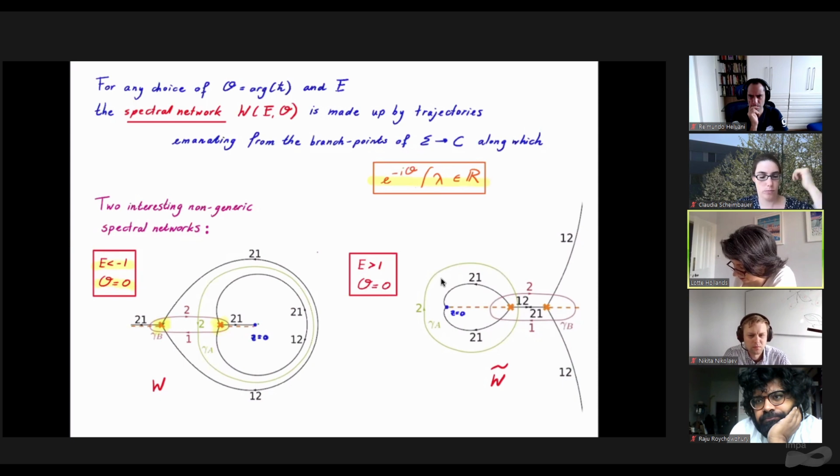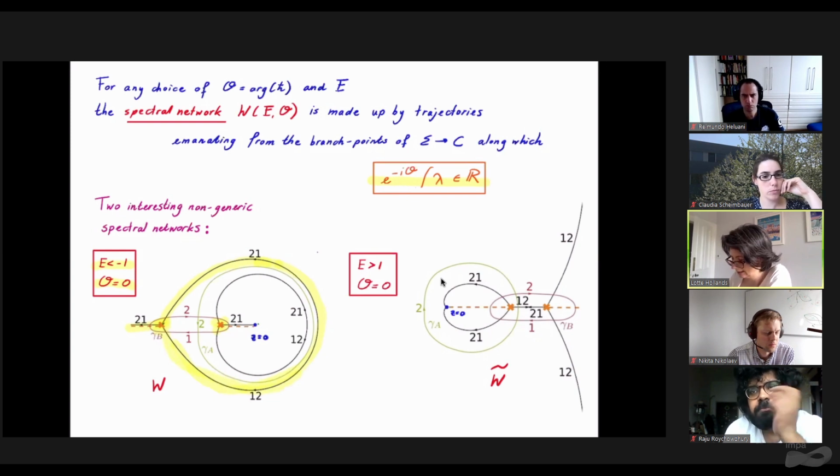And these trajectories will go, in general, into 3 directions. So there's one going all around the circle and one going back all around the circle. Since these two trajectories are intersecting, are overlapping, it's a bit of a special kind of spectral network.